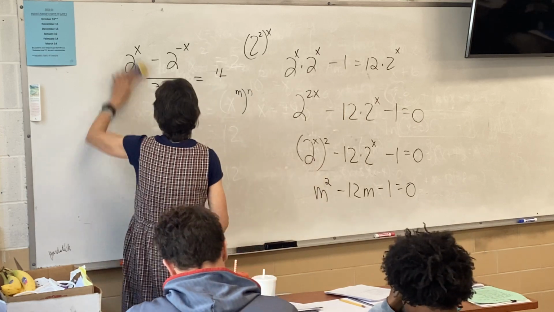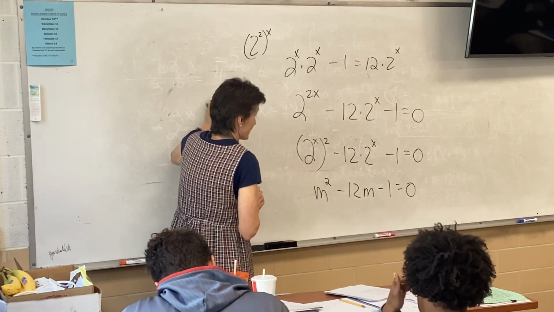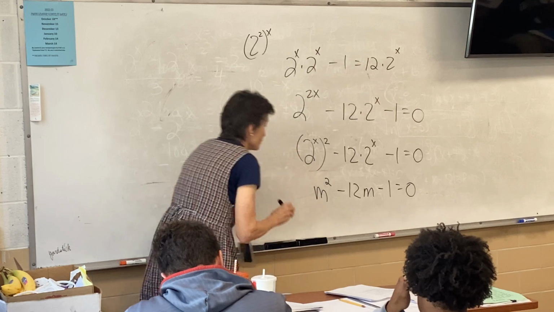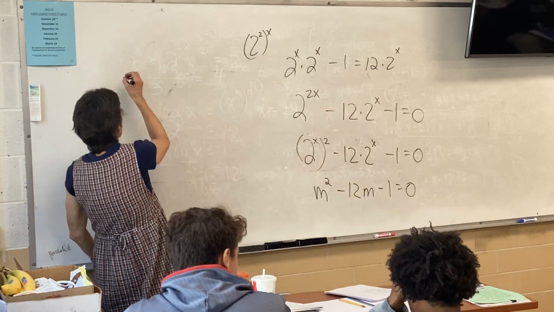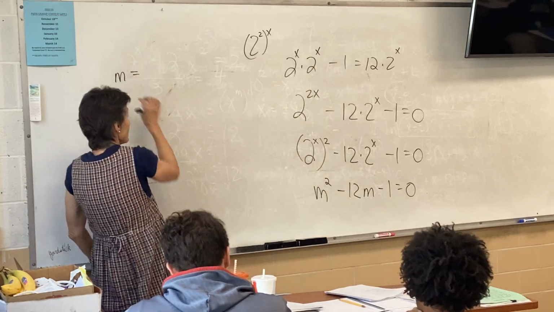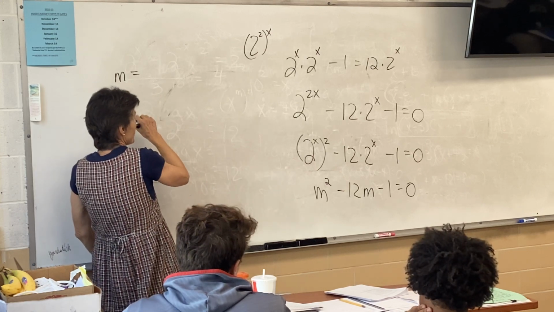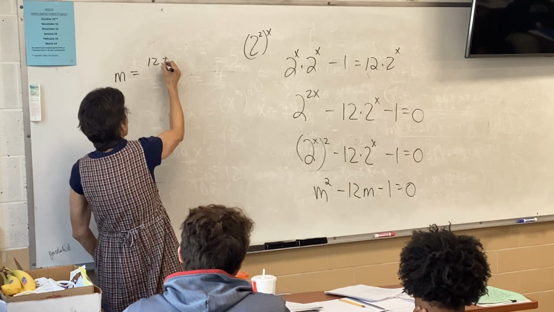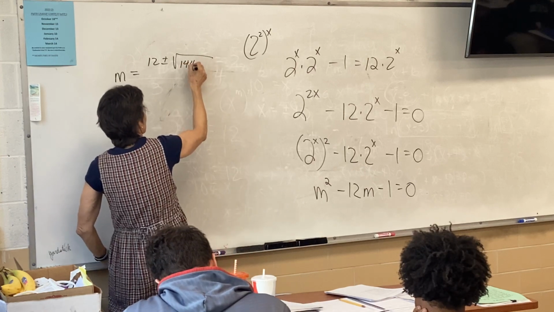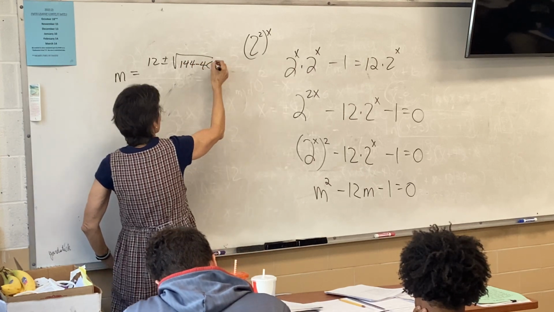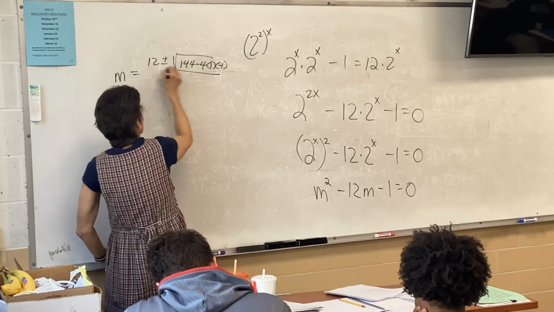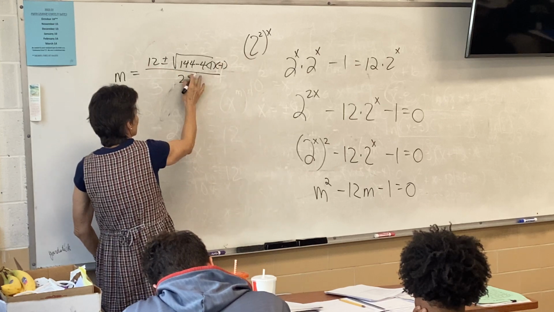Quadratic equation. It doesn't factor, so I would probably use the formula. If it factored, I would factor it for sure. So m equals negative b plus or minus the square root of b squared minus 4ac all over 2a.